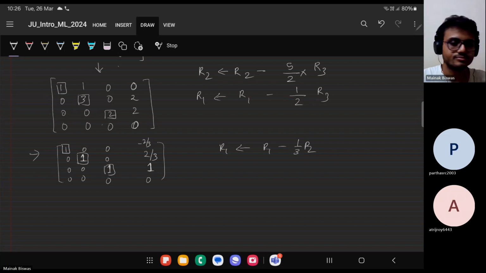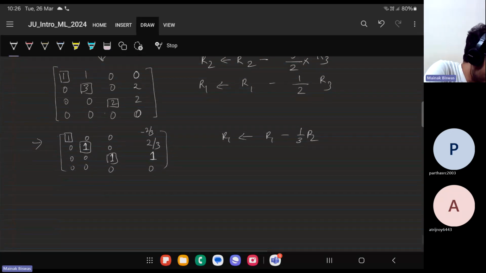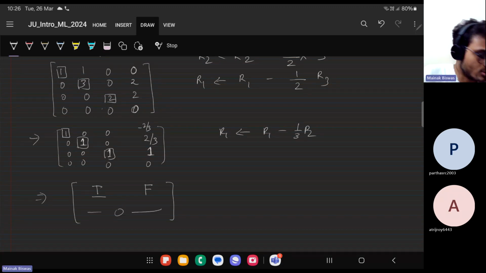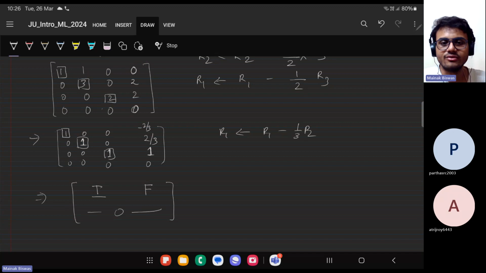Yes or no? Yes. Now you see, I have this form. I have an identity matrix, some extra matrix F, and I have a 0 below. Yes or no? This form I have.